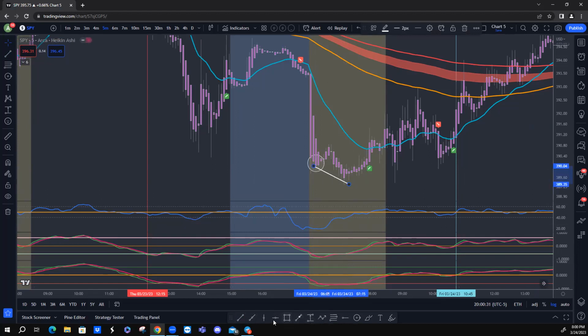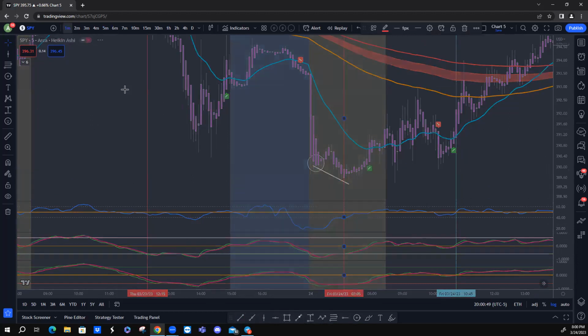So at this candle, I'm going to put a vertical line right there. This would be a bullish divergence.